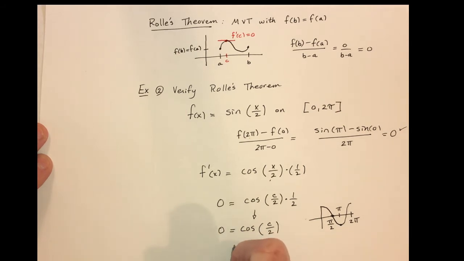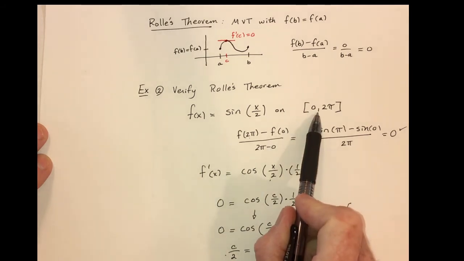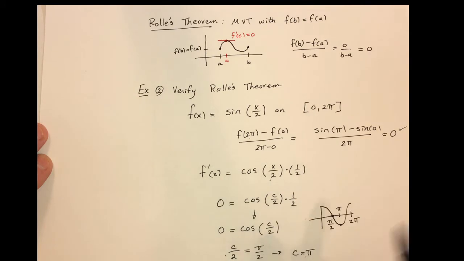So that means that c over 2 is equal to pi over 2. Then multiply both sides by 2, and that means that c is equal to pi. Then it looks like I'm done. I just need to check, is this in that interval? And it sure is, which means we're done with that one.